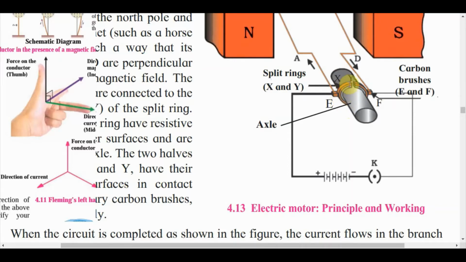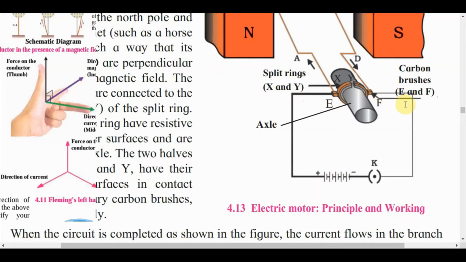On this you have a conducting material, and here the brushes are shown by E and F. So this is a conducting material, and on that we have carbon brushes. These brushes are connected to the wire of the battery.